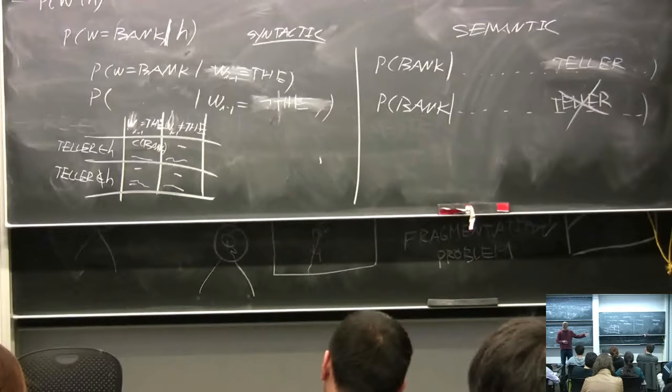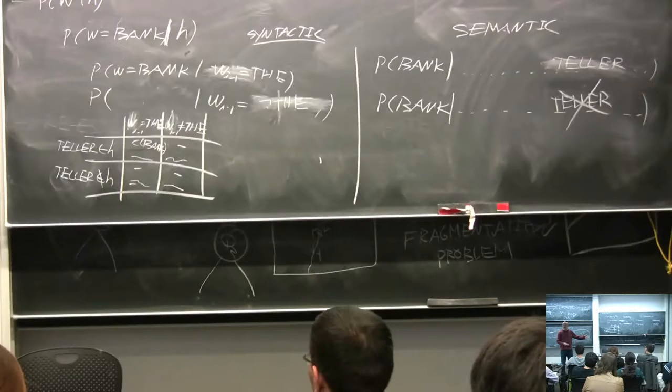But what if you had a 2x2x2x2x2x2x2 going 100 times? Then you have too many cells. And now you need to make some simplifying assumption. If you have 100 binary features, fully modeling it will take on the order of 2 to the 100 parameters. And that's way too much.